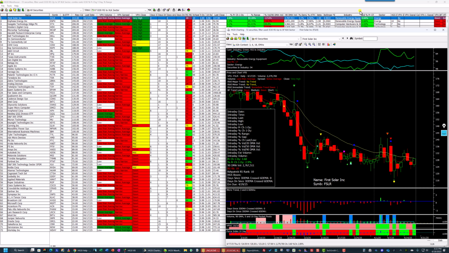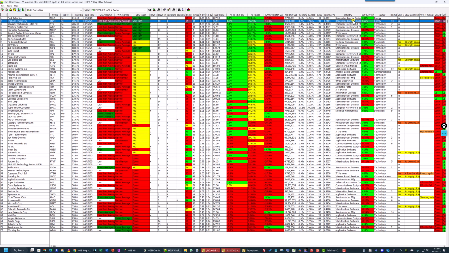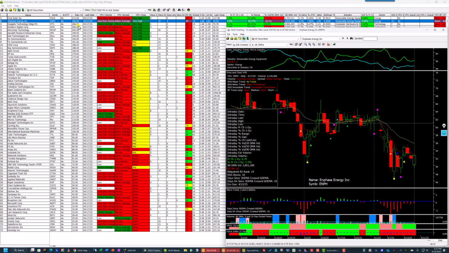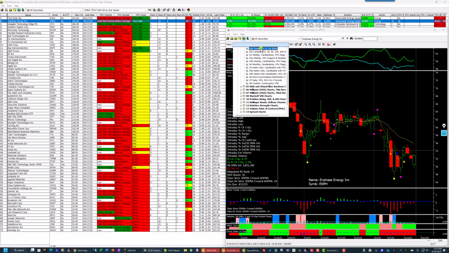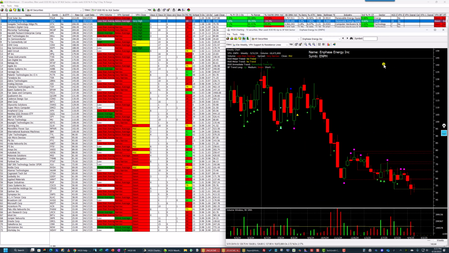Notice that it is a renewable energy equipment stock, and the second stock is In-Phase Energy. Now, this is a stock that in the past was a great performer. But so many of these stocks have really been beaten down. You can see that not that many months ago, it was up here around $142.